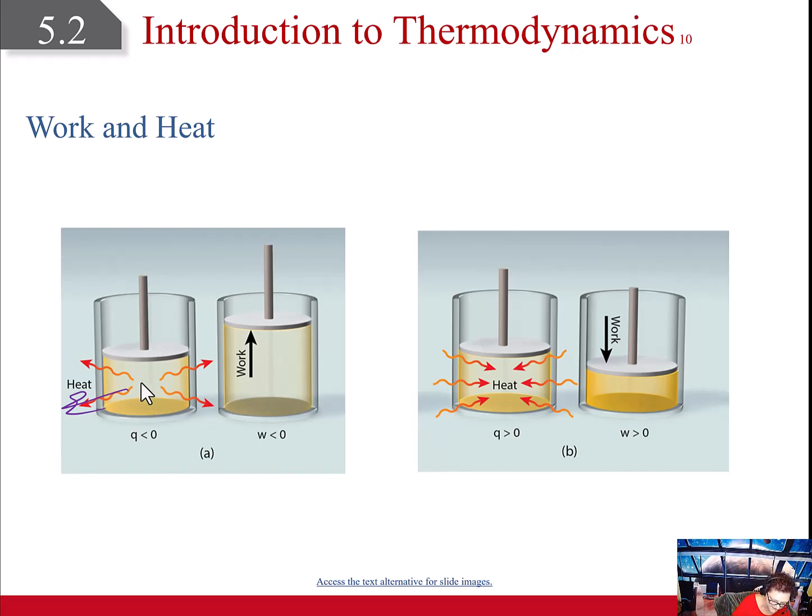So the heat inside goes down, okay? If you perform work from the system, then it's going to be negative, because the amount of energy, or I should say U, due to work also is going to go down. That's why it has a negative number.